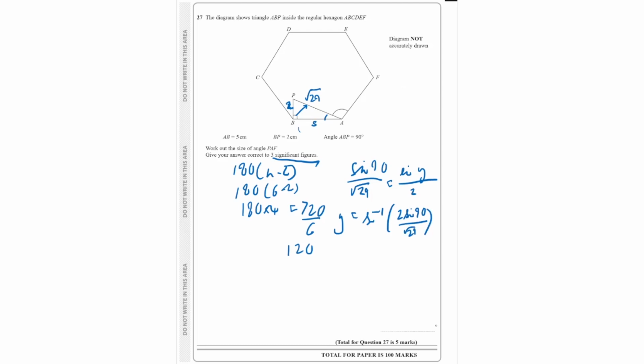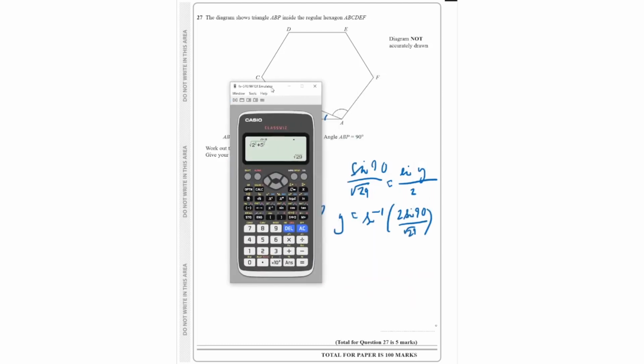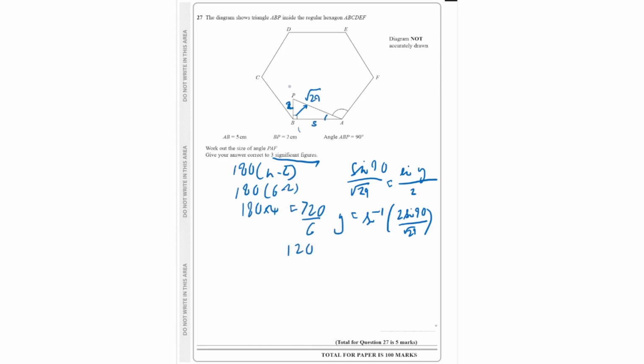Okay, let's find that out using our calculator. Sine inverse of 2 sine 90 over root 29, close the bracket, we get 21.8. y is equal to 21.8.